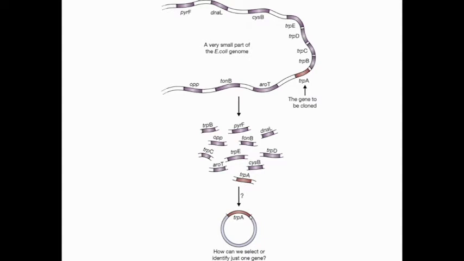Another way is what we call chromosome walking. That means you design a specific DNA fragment as a primer, and then perform hybridization to identify the specific colony that carries this gene.